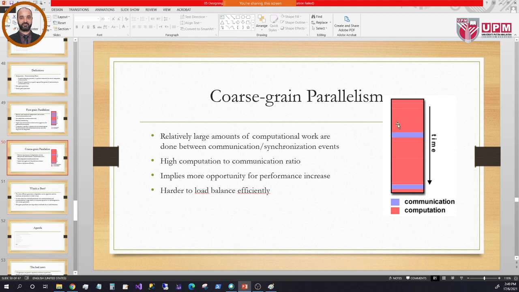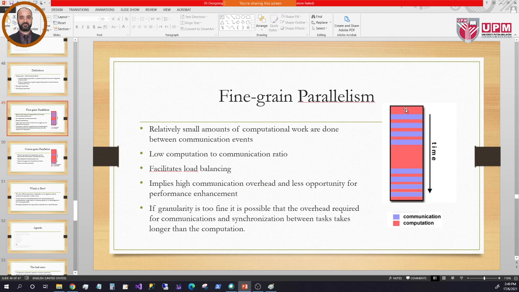So if we take the amount of time we spend on computation and divide it by the amount of time we spend on communication, it will become a very huge number, or sometimes larger than one, while in the previous case we have a small amount of time divided by this huge amount of time needed for the communication, which gives us a small fraction.